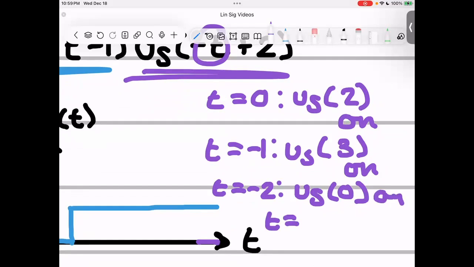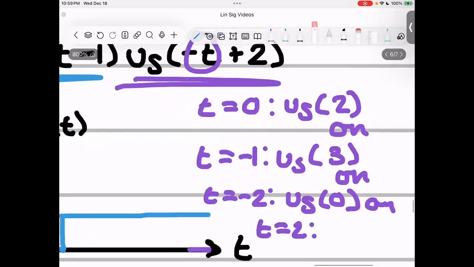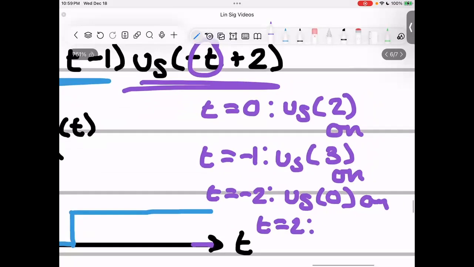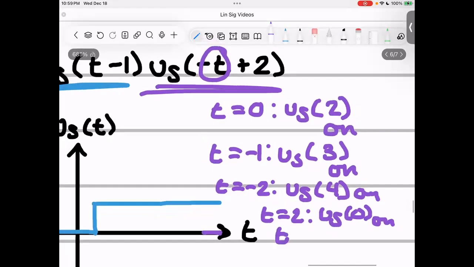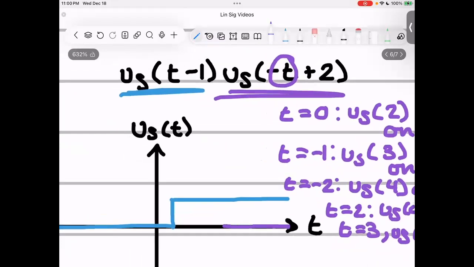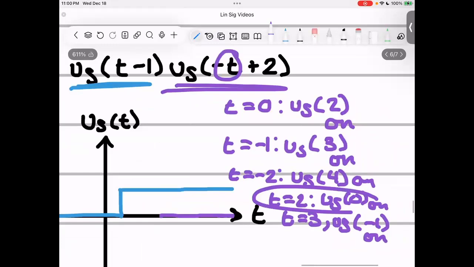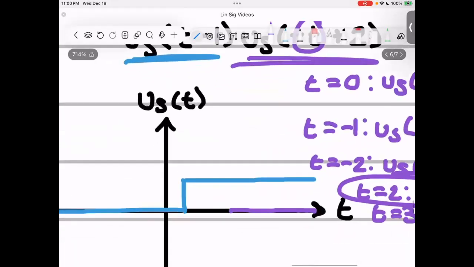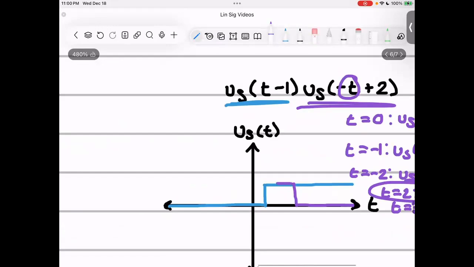But then if we do t equals 2, it's going to be unit step of 0, so it's going to be on, but then if we try t equals 3, our unit step is going to be of negative 1, so it's going to be off. So this is actually off coming in until we hit 2, which is when it turns on. Now we're going to keep going here.